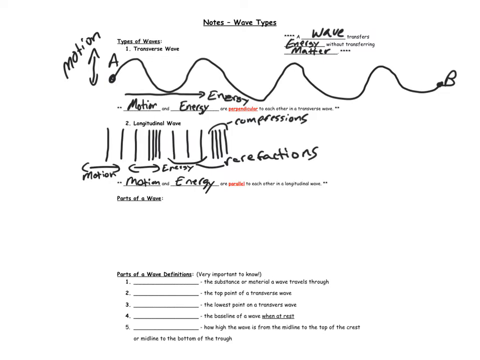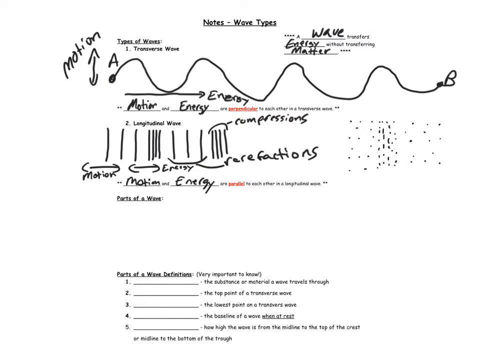So for sound, you've got these areas where the particles are going to be fairly spread out. And then you're going to have other areas where those particles are going to be more densely packed. And that is going to be the areas of compression and rarefaction.